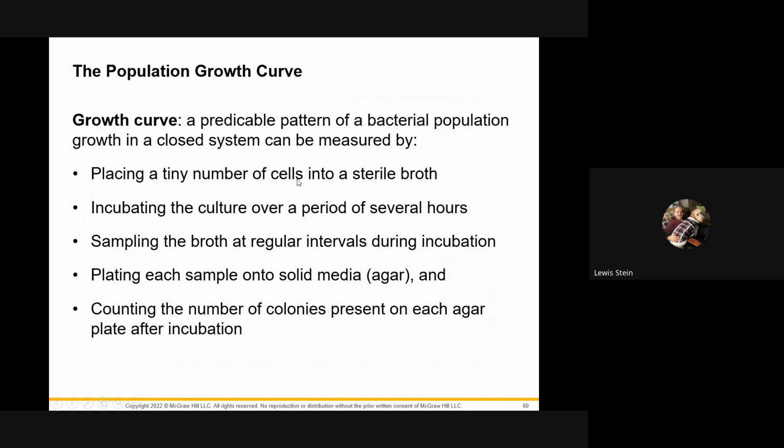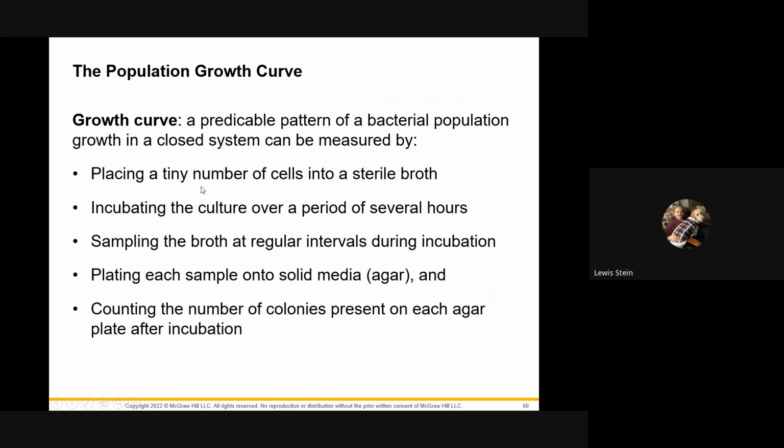So we figured out how to take this information and extrapolate it into a predictable pattern of bacterial growth in a closed system. That means we can't get rid of the waste products, and we're going to use up the nutrients. Bacteria are happy as long as they have plenty of room and enough to eat, and there isn't a bunch of waste products hanging out.